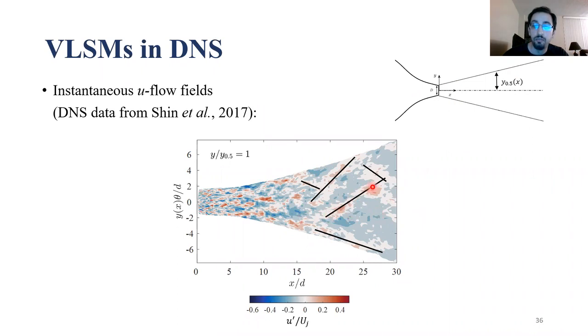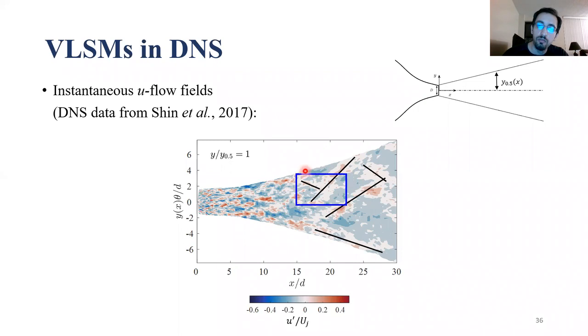So we have both positive angled and negative angled structures, which, in the instantaneous sense, support our observation from the correlation maps as well. So these show that the eddy structure, the very large scale motions, make an oblique angle with the streamwise axis too.